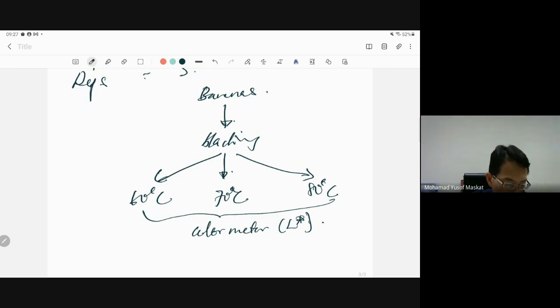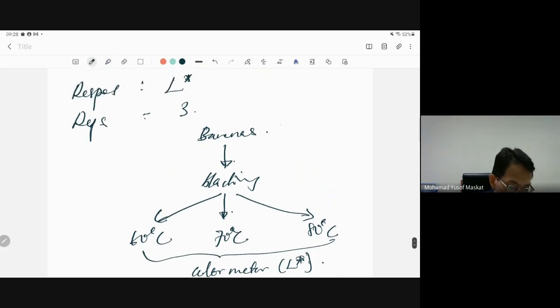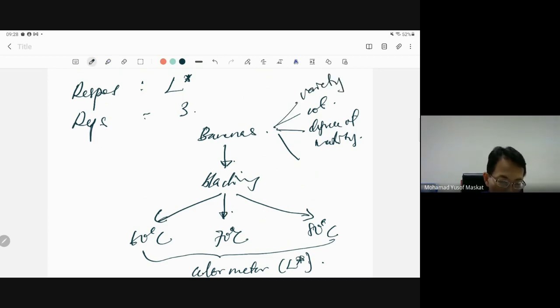When you go into the lab and you have your bananas, you have to make sure that everything is as constant as possible: the weight of the sample, the degree of maturity, and of course the variety, barangan or nipah or lemak manis or emas or anything.